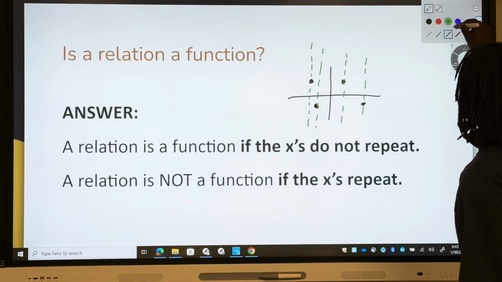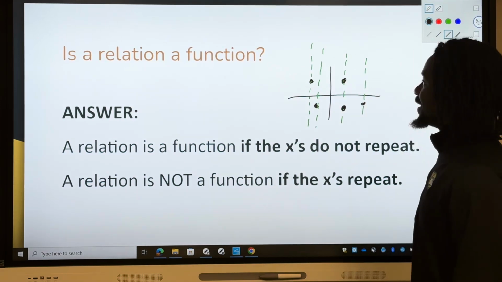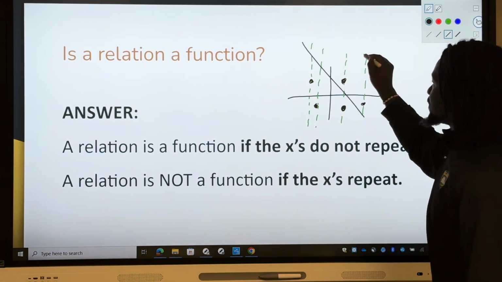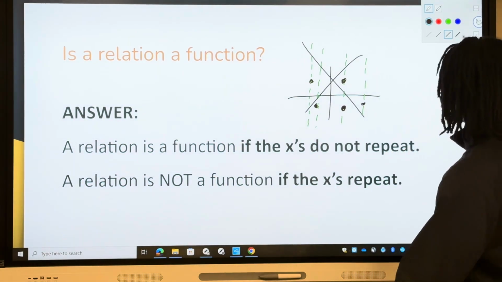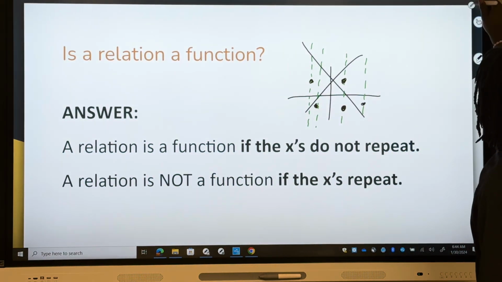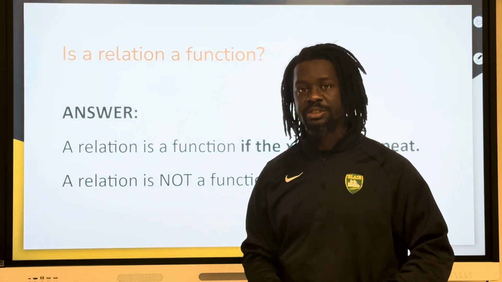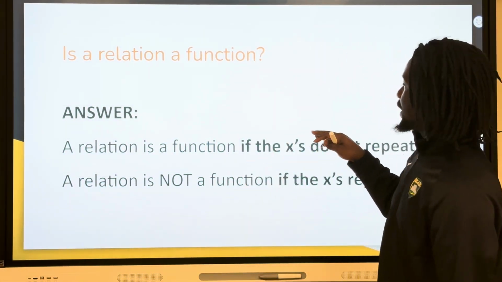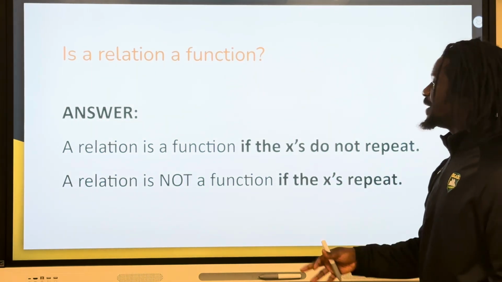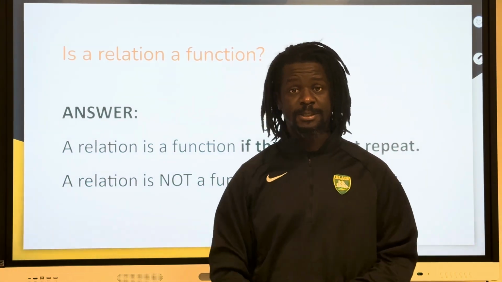If it touched at two points, then this is not a function. So the vertical line test is what helps you know whether or not a graph is a function. Again, key: when the x's don't repeat, it is a function. It is not a function if the x's repeat.